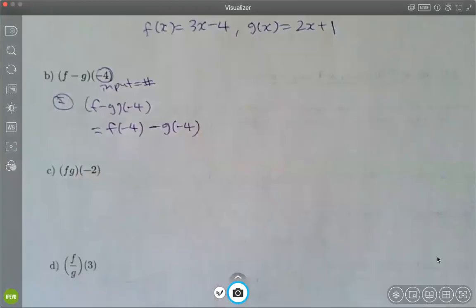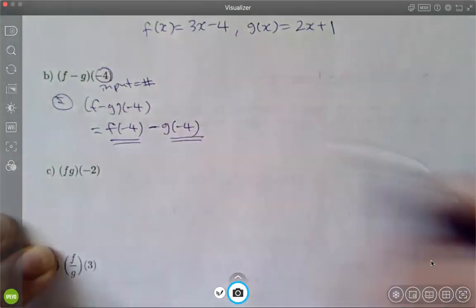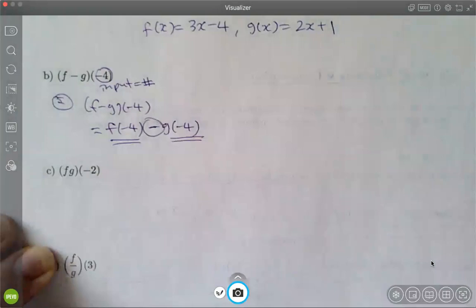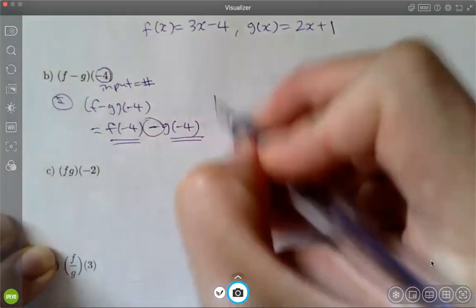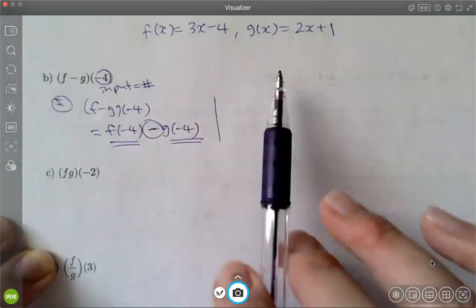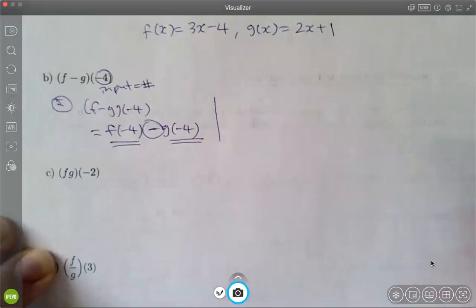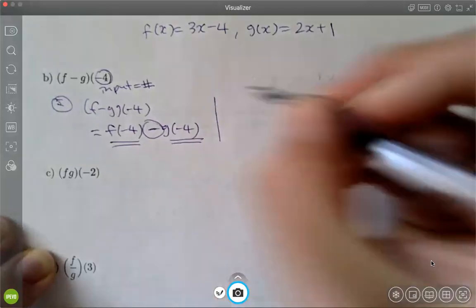So what does that mean? We plug -4 into f and g and then we subtract. I have copied f and g on top of the paper because we cannot see those 2 functions on the previous page. So f of -4.